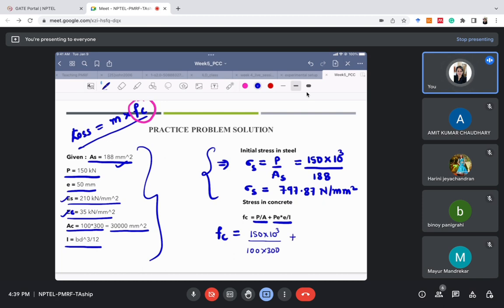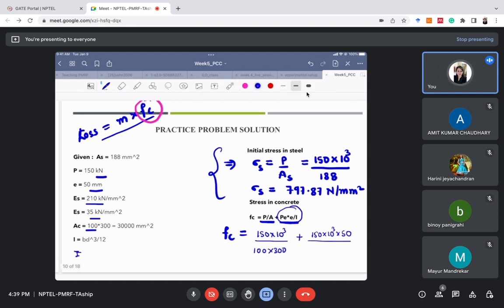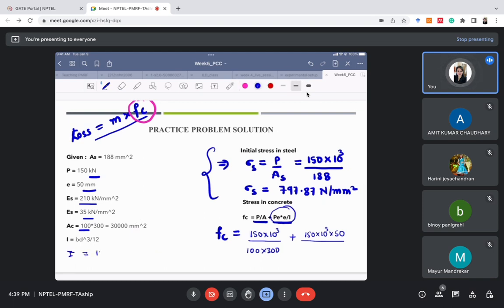Another thing is the stress due to this PE. The formula is M by I into Y. M is P into E. P is 150 into E. E is 50 here, divided by I. I is BD cube by 12. So I'll calculate I quickly here. B is 100.